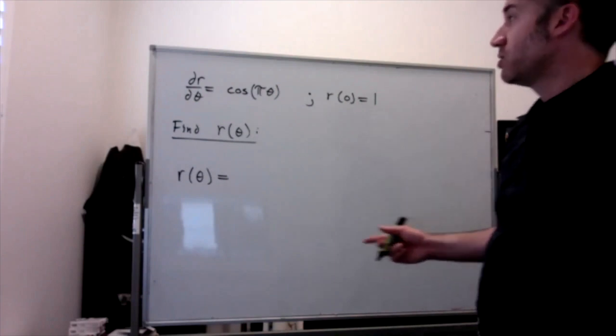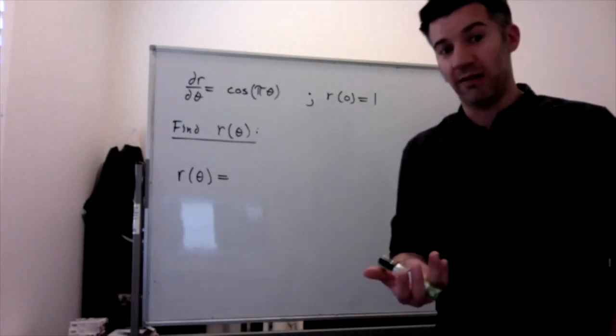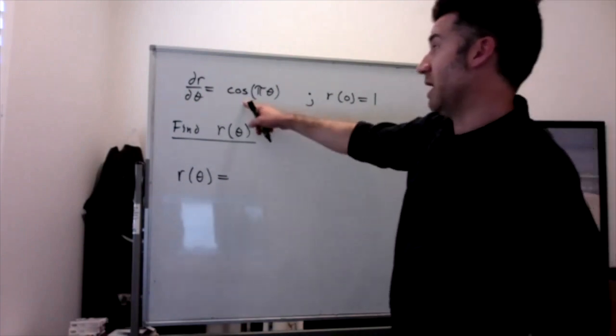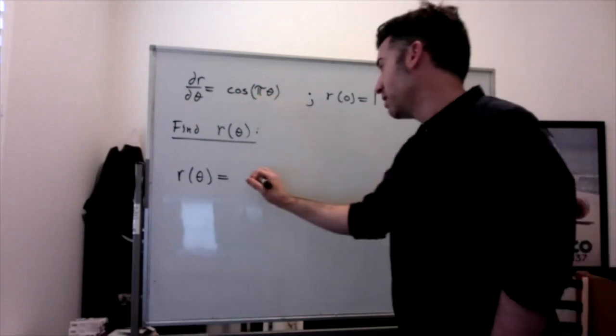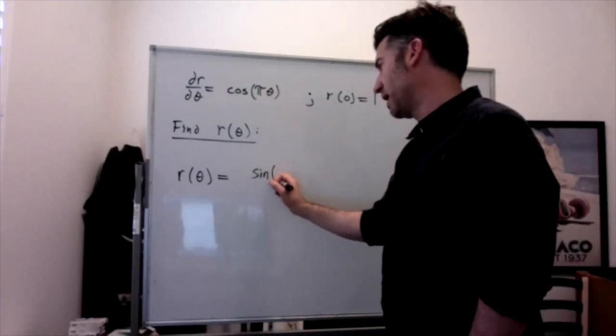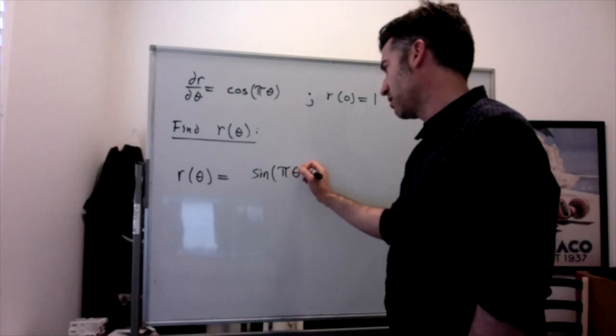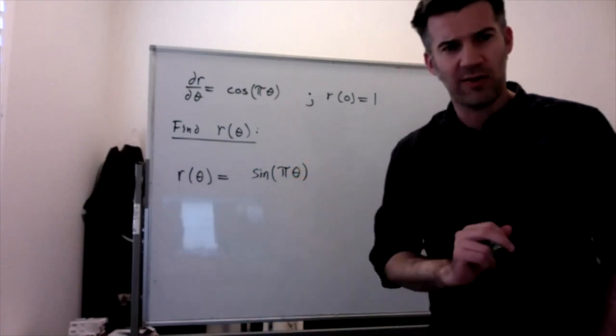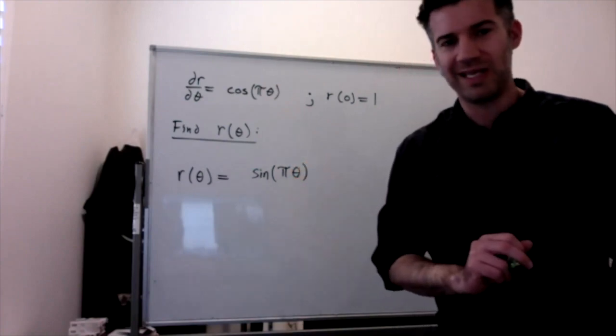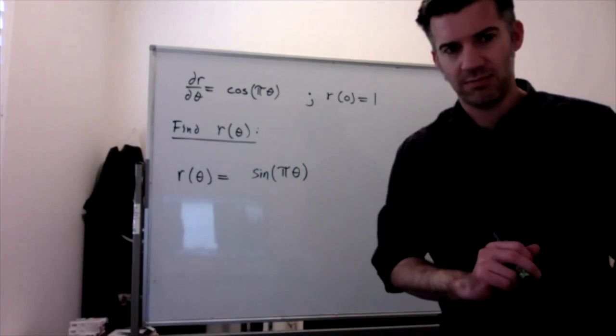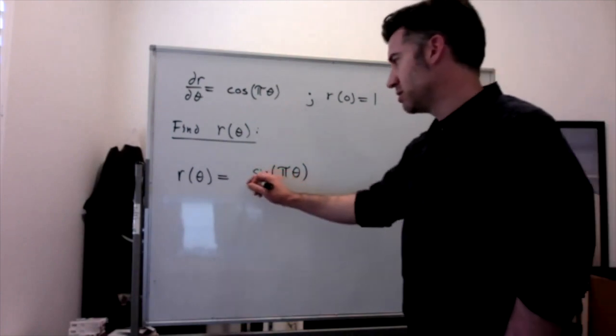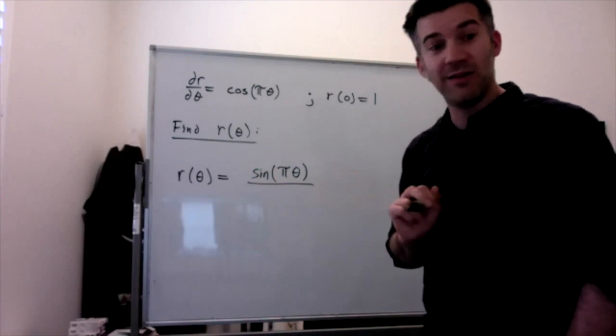Yeah, totally. The antiderivative of cosine of theta is sine of theta. The antiderivative of cosine of pi theta is going to be almost sine of pi theta, but that's not quite right. What do I need to divide by?